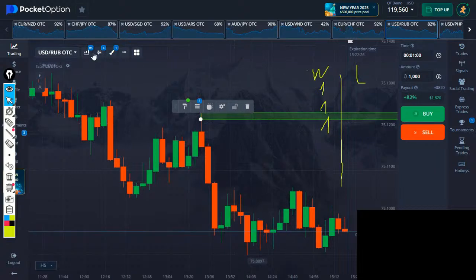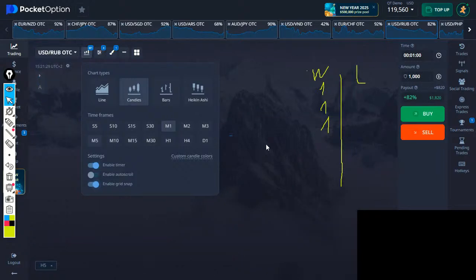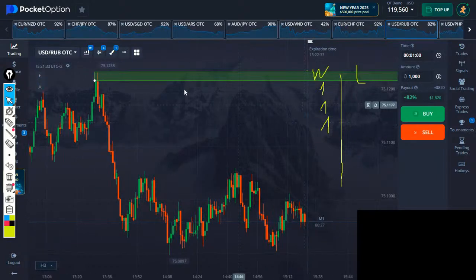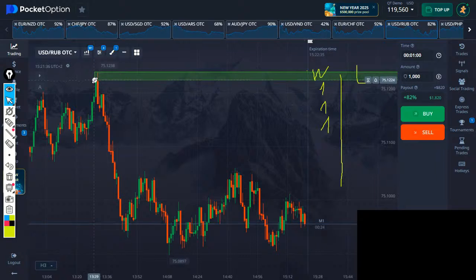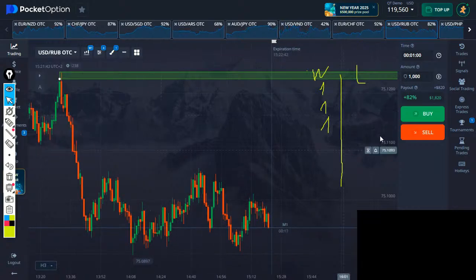Okay, we go to the 1 minute chart. See this level over here, we already marked. So over here is your supply area. You put an alarm just right there.